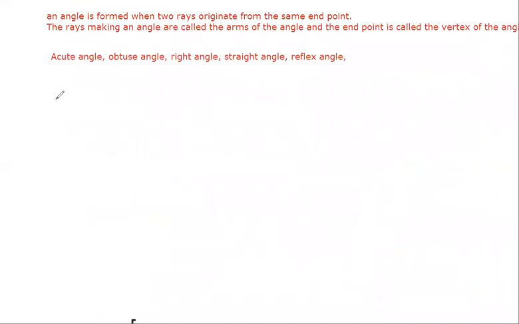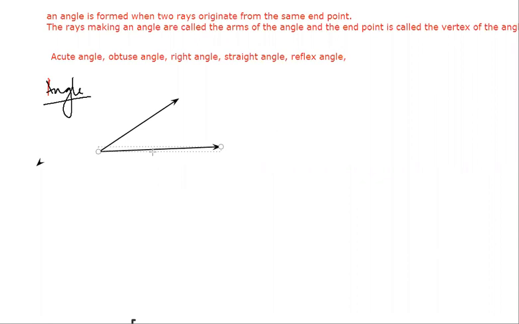Let's go further, students. Now we're going to talk about what an angle is. Students, an angle is formed when 2 rays originate from the same endpoint. Very interesting. So this is the endpoint of one ray, and the origin point is the same, and this is another ray.